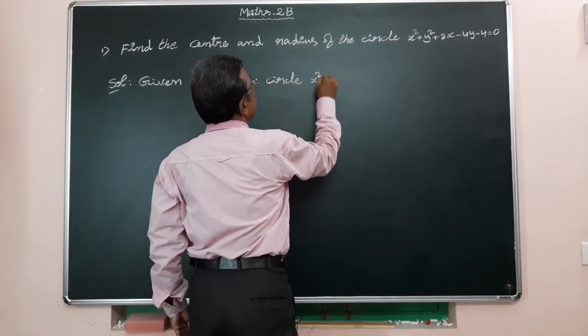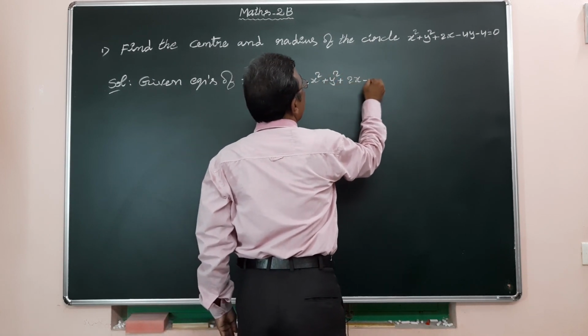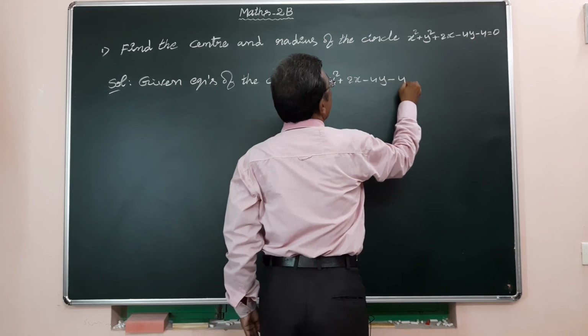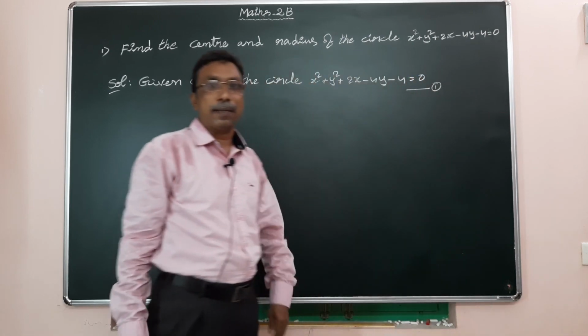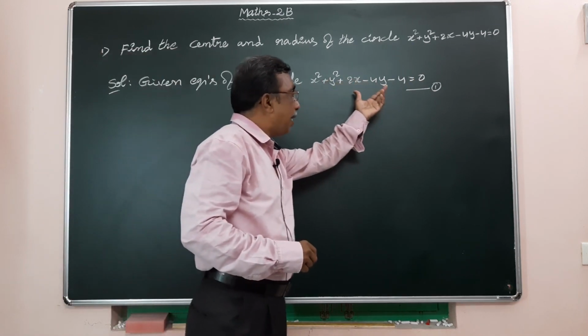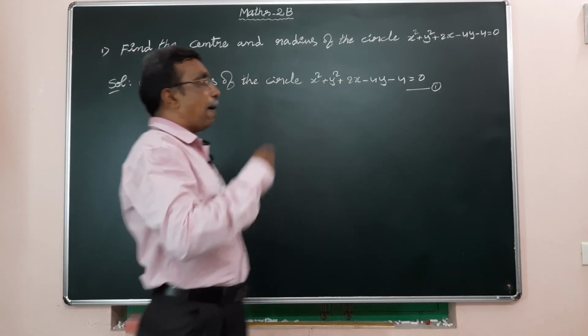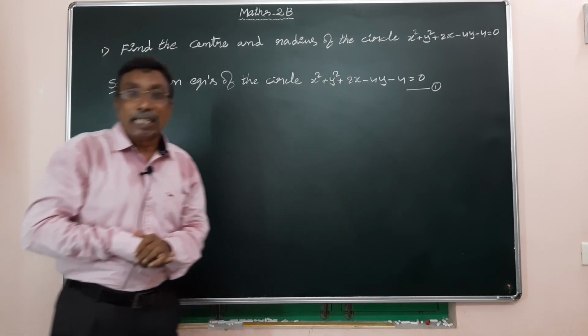Given equation of the circle: x square plus y square plus 2x minus 4y minus 4 equal to 0. This is equation 1. Now comparing this equation with the general form of the circle equation.